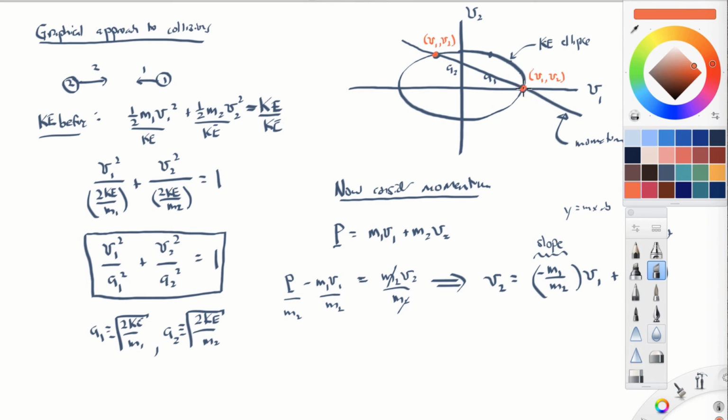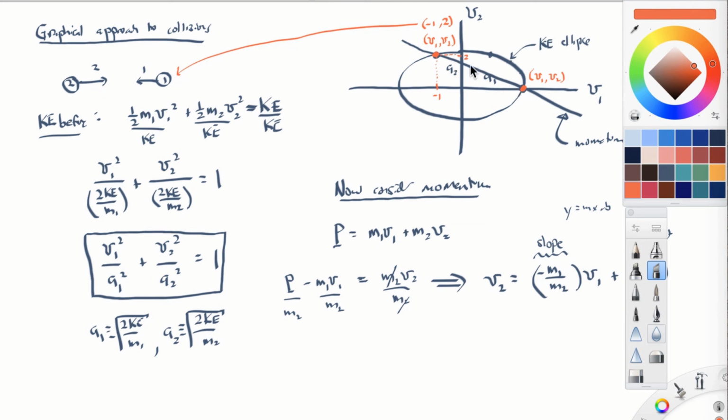Let's start with this point right here. That is when the velocity of object 2 is +2, and the velocity of object 1 is -1. So that is this initial condition. If you project this down, velocity 1 is -1, and velocity 2 is 2.